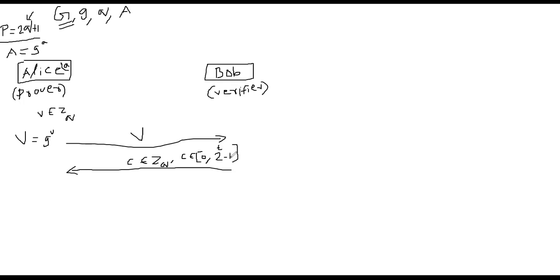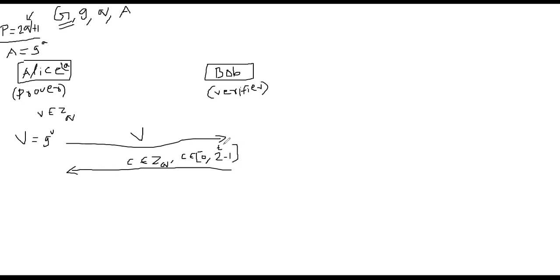Okay, so it can be either an element of ZQ, or if you don't want very, very large C, you can also limit to something reasonable. T can be, for example, 160-bit. That means C is an element belonging to the interval 0 to 2 power 160 minus 1, which is an enormous number. Okay, and you can increase that value of T as you desire. All right, so this is basically sent by Bob back to Alice.